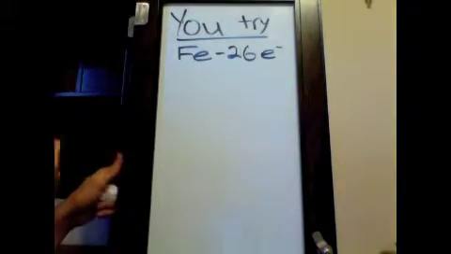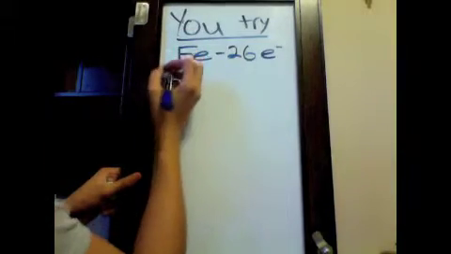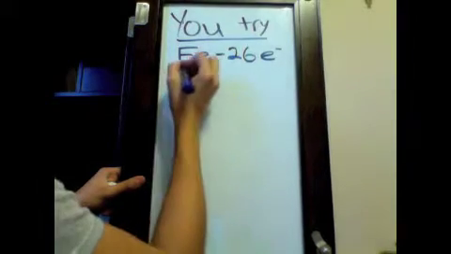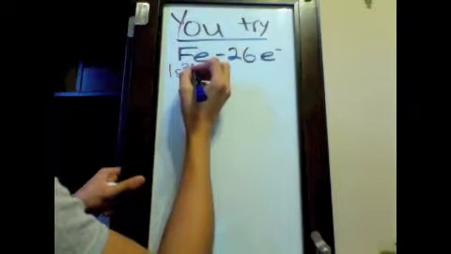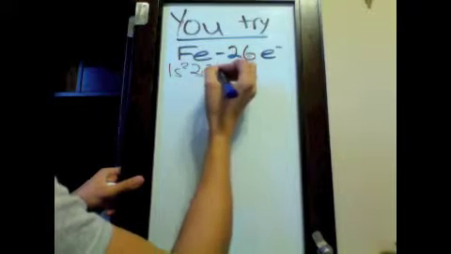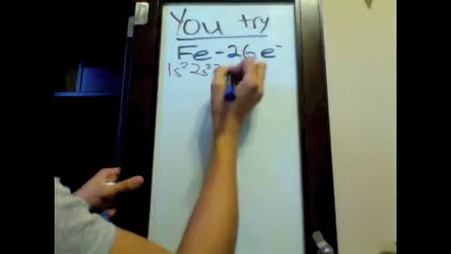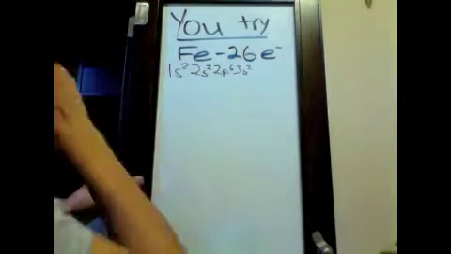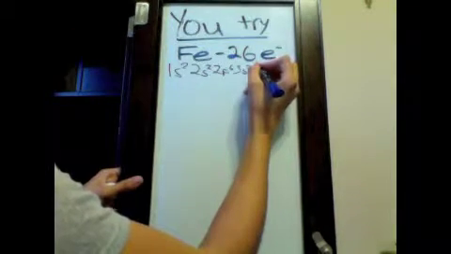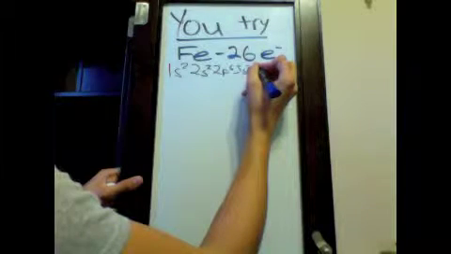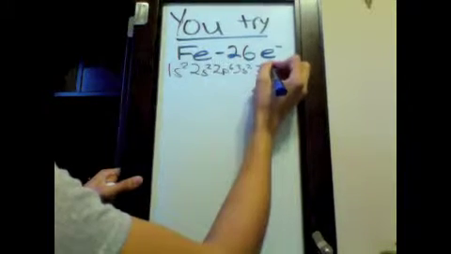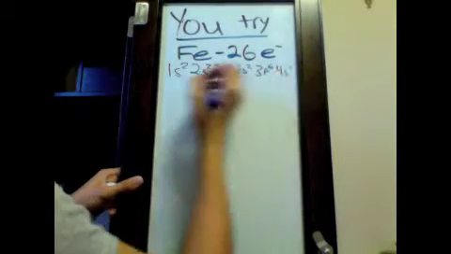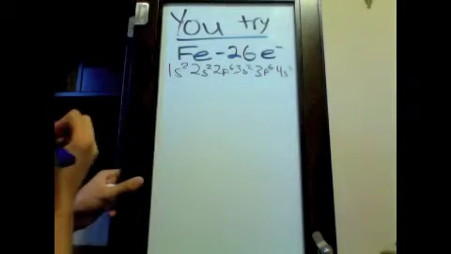So, if you look back at your Madelung ordering rules chart, you'll see that first is 1s, this is the electron configuration, then 2s, then we have 4, 10, 12, 18, 20.